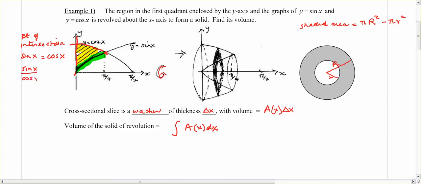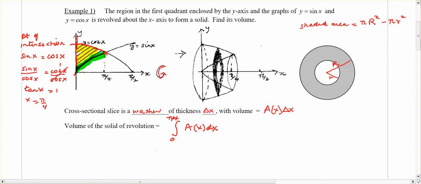Normally we don't divide both sides by an expression involving the variable, because we can lose a solution, but we actually don't lose our cosine. It doesn't cancel out. It's still sitting there under the sine x as tan x. So tan x is equal to 1. x is pi over 4. And that's how we get the x coordinate of my point of intersection. So my limits go from 0 to pi over 4.